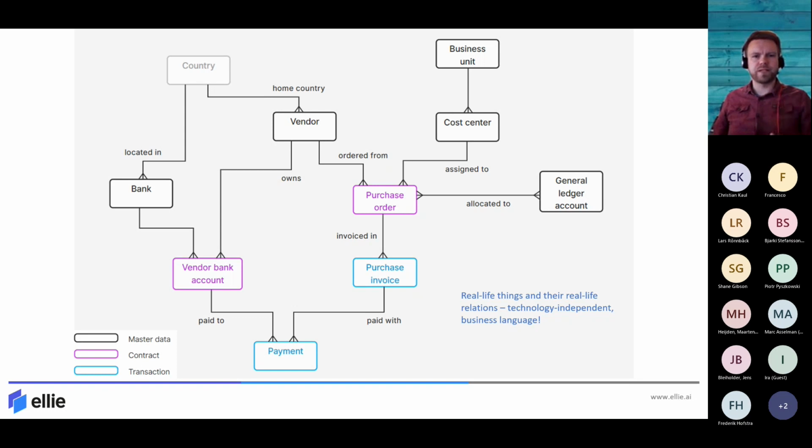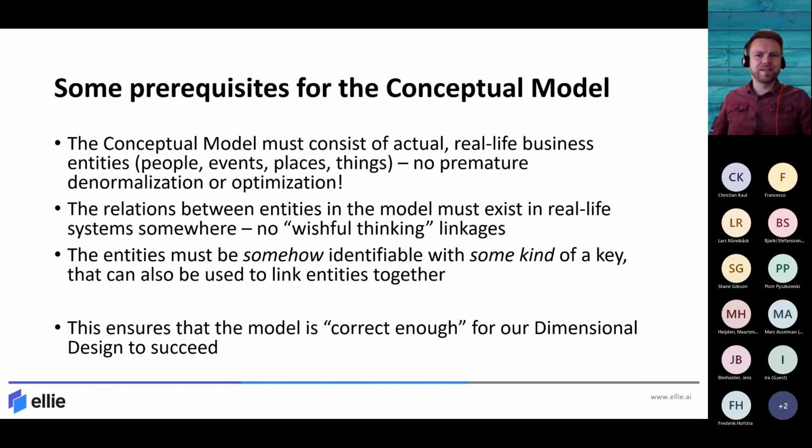So, very standard conceptual model, a relatively normalized view of how things are. Some prerequisites of making the conceptual model in such a way is that it has to have these actual real life things. We don't want to prematurely denormalize or optimize anything. Just model it as it is.